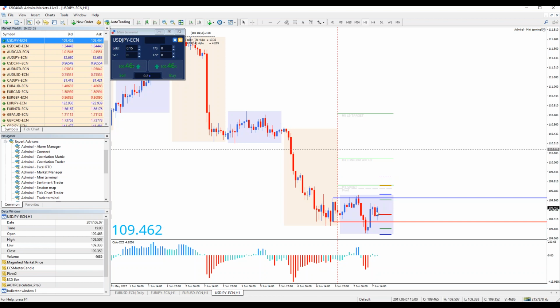When unexpected news happen and you have a position like I had on dollar yen, what can happen is price hits your stop loss, then proceeds to the upside. So you see, now the price is going up. I closed it for 8 pips instead of taking maybe 20 pips. But it doesn't matter because the market is here and it will be here again.